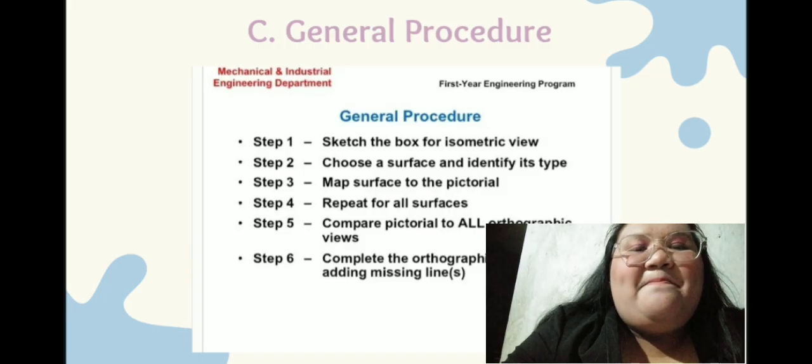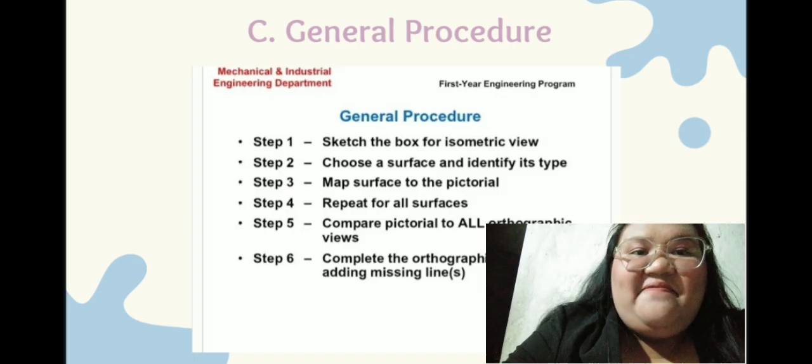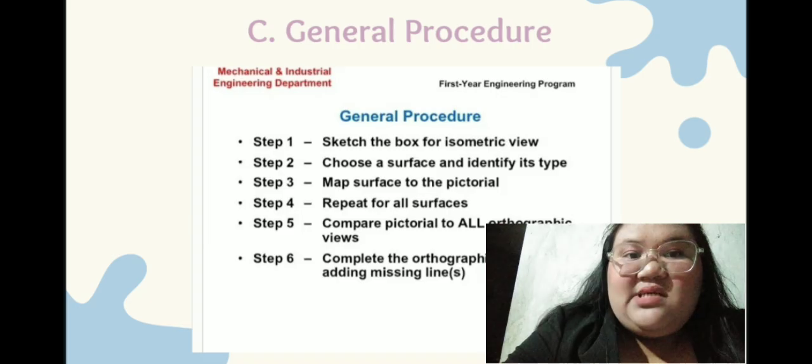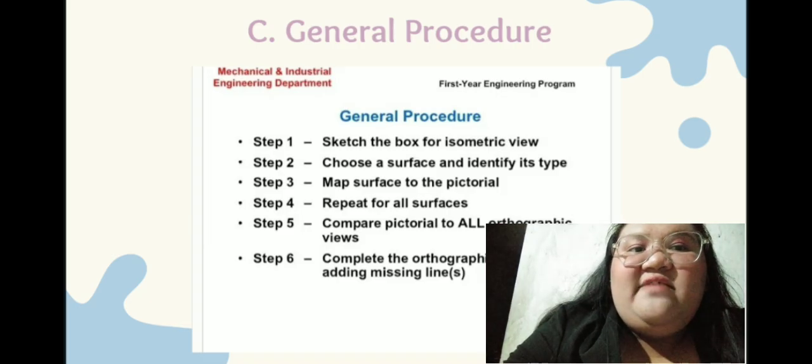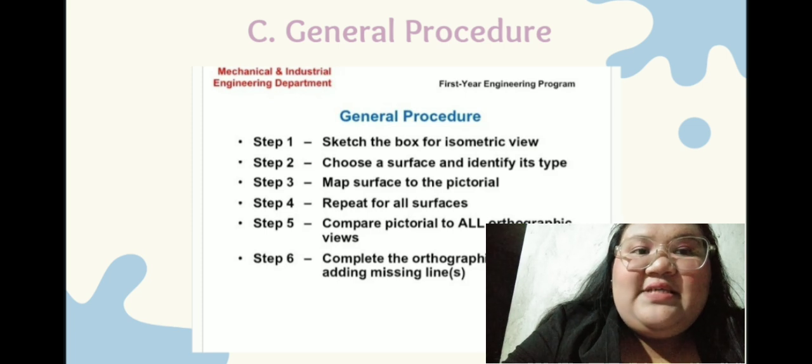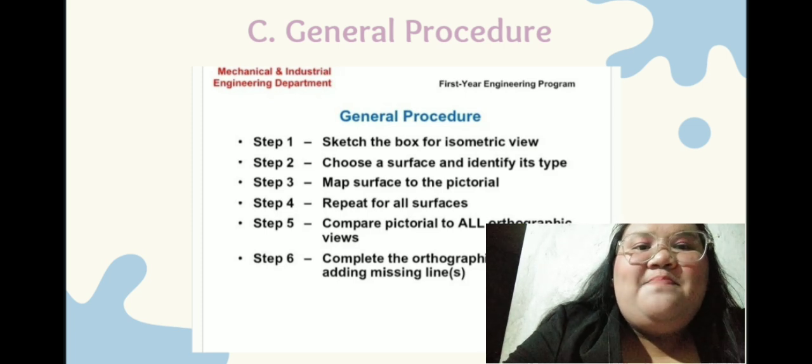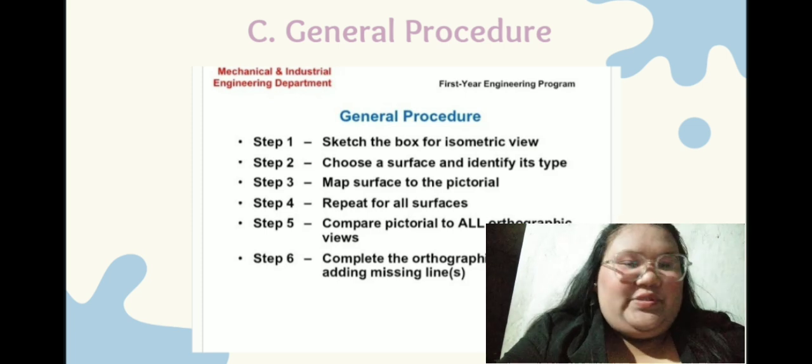Step 5. Compare pictorial to all orthographic views. Step 6. Complete the orthographic views by adding missing lines. These steps guide you in creating an isometric 3D view and then using it to complete incomplete orthographic views.